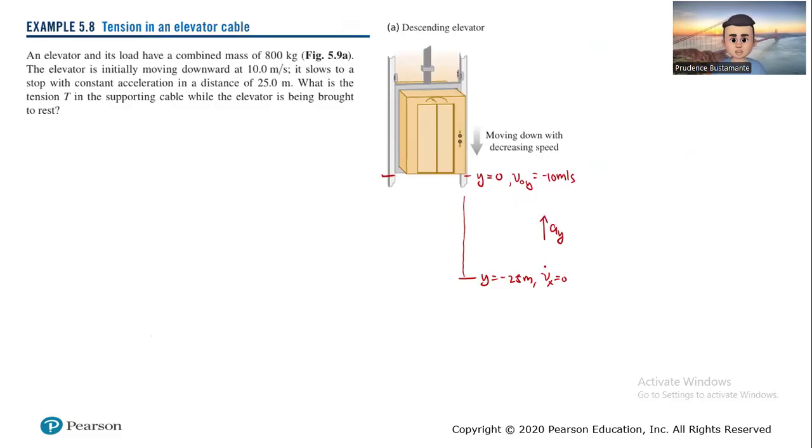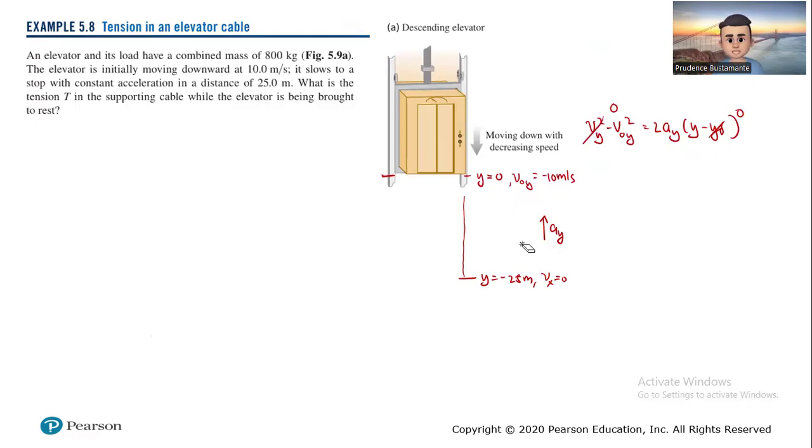Since it stopped, we assume that the acceleration is opposing the motion. That's our assumption. To calculate the acceleration, we can use the kinematic equation: v sub y squared minus v sub oy squared is equal to 2 times a sub y times (y minus y sub o).